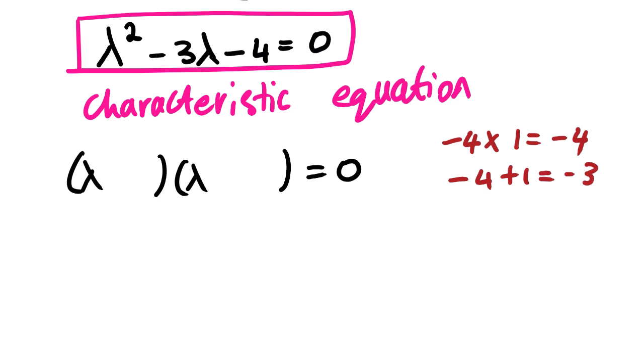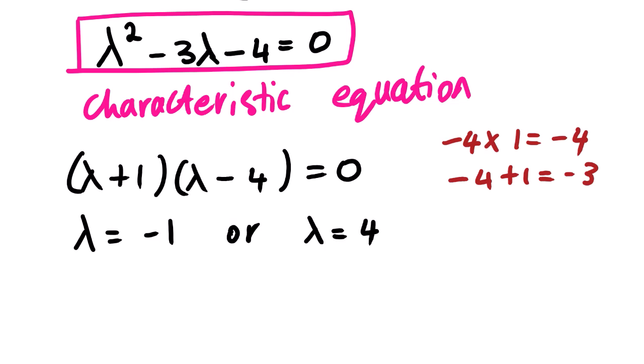So the factors are -4 and 1. From here we can see that we have lambda minus 4 and lambda plus 1. So these are our eigenvalues.